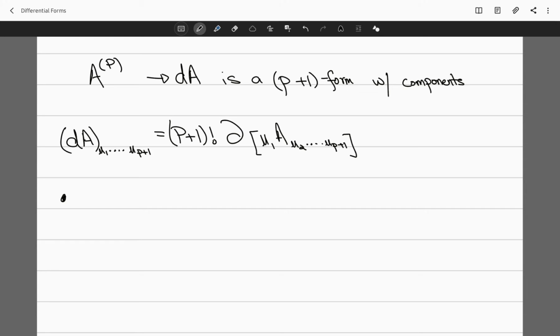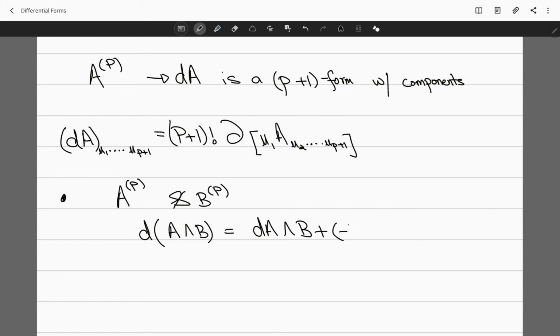So that is that for some A, a P-form, and B, we actually have this thing that d of A wedge B is equal to dA wedge B plus minus 1 to the power P A wedge dB, right? And now it kind of looks similar to the product rule that you study in your normal calculus.